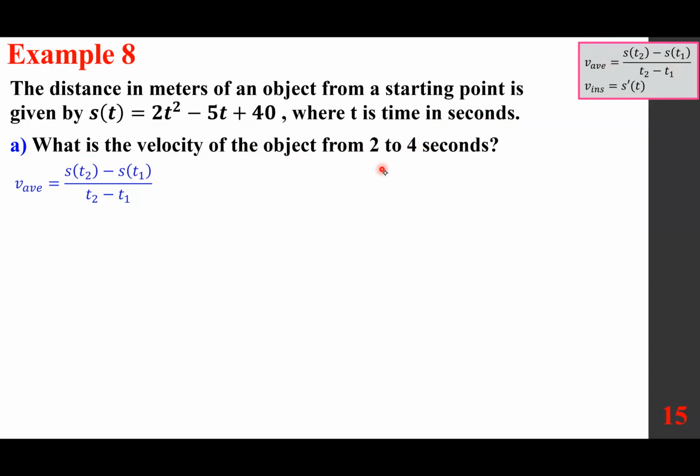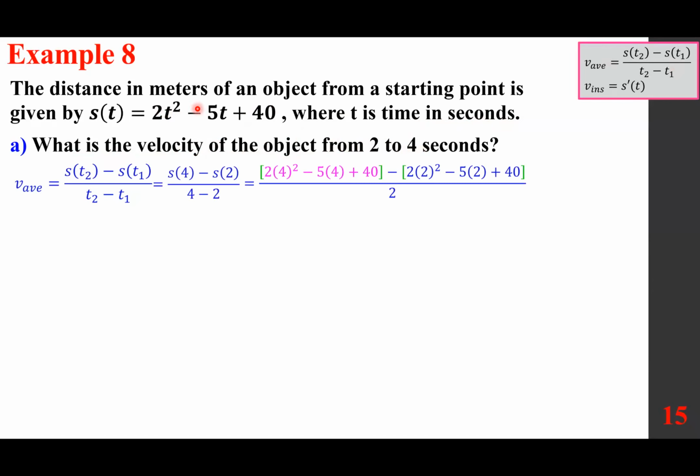So it's s of 4 minus s of 2 over 4 minus 2. You can find it in your notes. We evaluate the function at 4 minus the function at 2, their difference over 4 minus 2, or 2, and we get 7 meters per second. I hope you remember that.